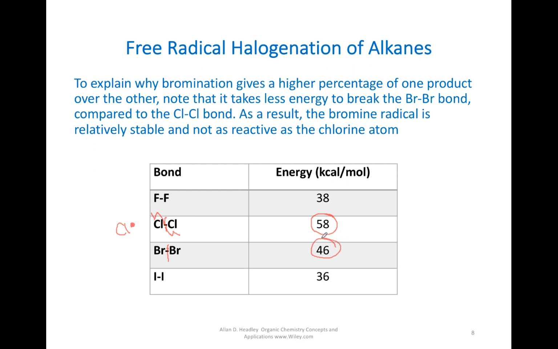Far less, 46 kilocalories, is required to give the bromine radicals. Since this requires less energy, it implies that the bromine-bromine bond is weak, which means that the bromine radical that's formed is stable.